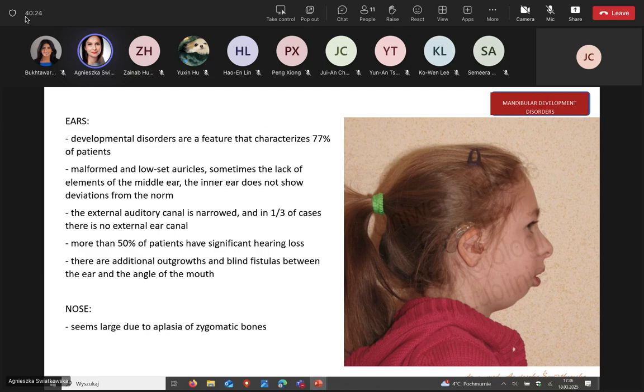The external auditory canal is narrowed, and in some cases, there is no external ear canal. More than 50% of patients have significant hearing loss. There are additional outgrowths and blind fistulas between the ear and the angle of the mouth. The nose seems larger due to aplasia of the zygomatic bones.